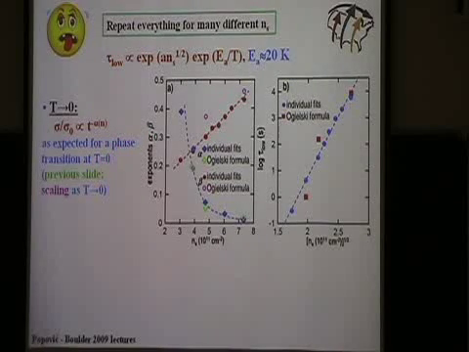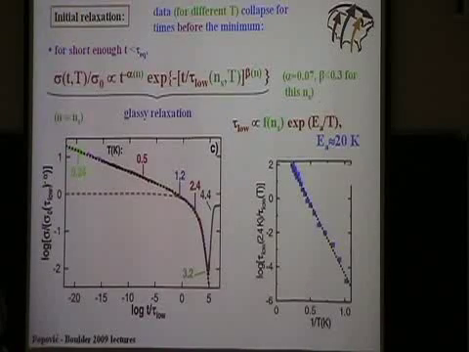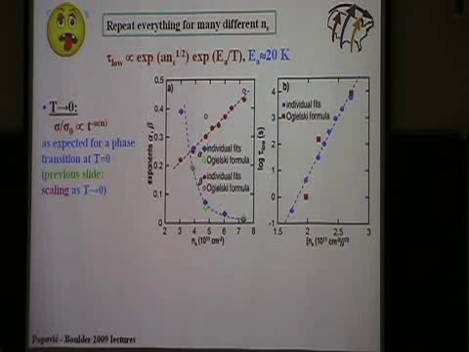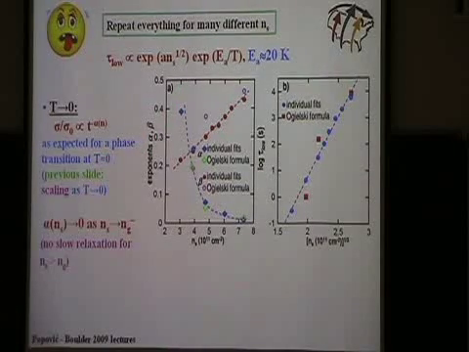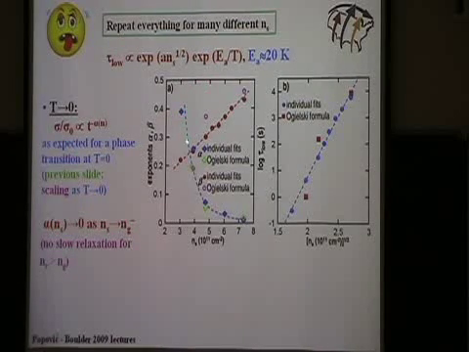And also what the previous slide really shows, the fact that we can collapse these data and scale them in the vicinity of zero temperature, is what you expect in the vicinity of a quantum phase transition. So we have power laws and we have scaling. What I want to mention here is also that this exponent alpha, the exponent of the power law, goes to 0 at this value of density, the one that I called Ng before.